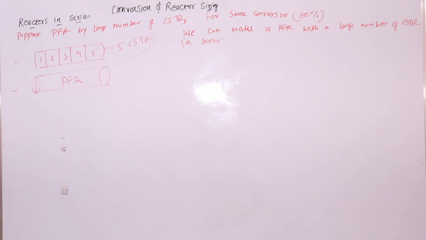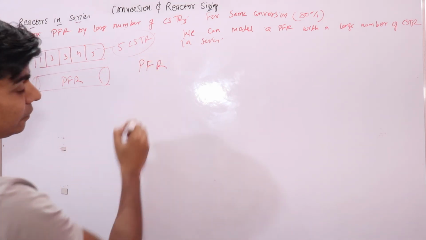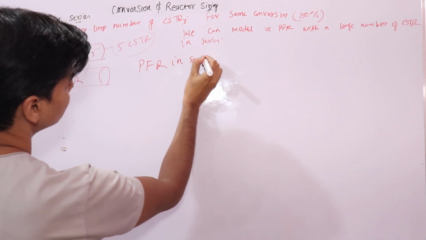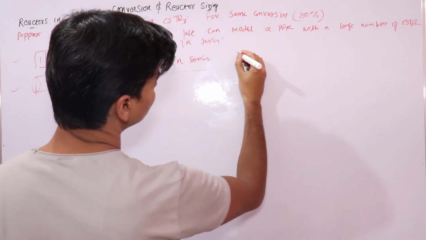Now we'll just quickly look at PFR in series. Earlier we saw CSTR in series, now we will see PFR in series. We'll take two reactors, this is the diagram.